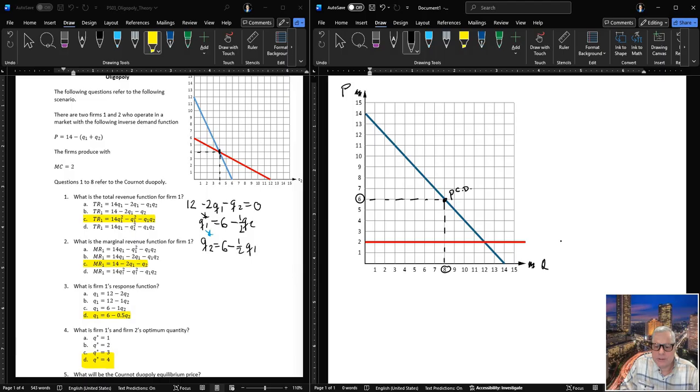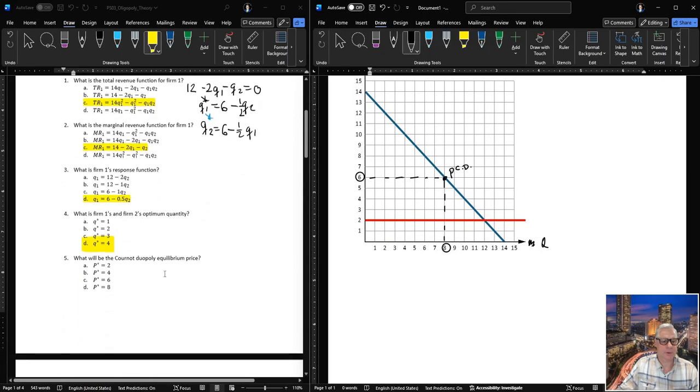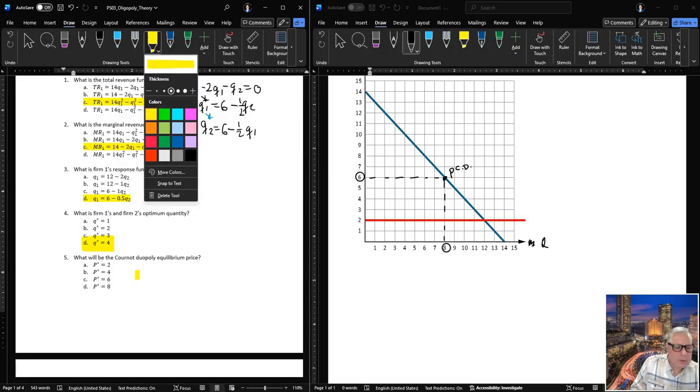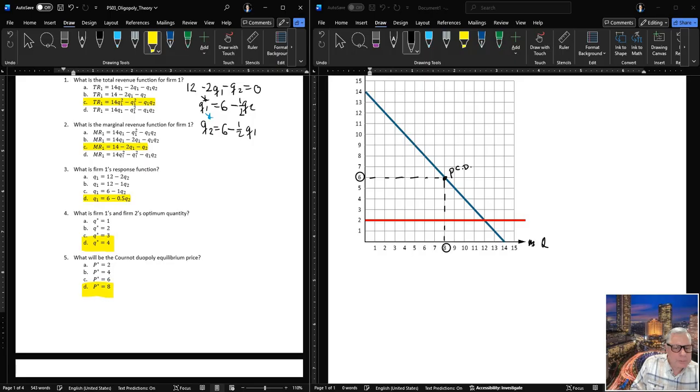Total quantity is 8, and each firm gets 4. So price is 8, sorry, 6. Total quantity is 8, so that is 6.